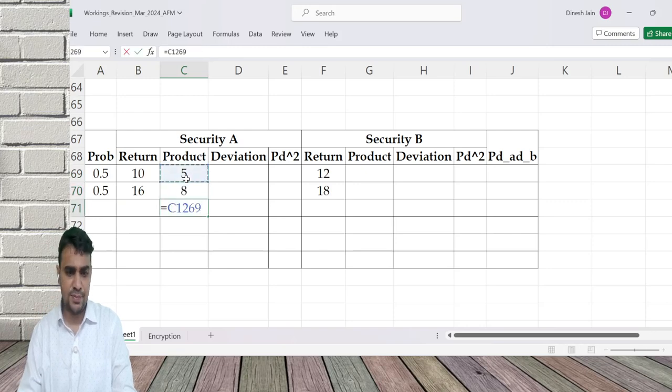Five, 8 adds up to 13. Deviation, probability into deviation into deviation.